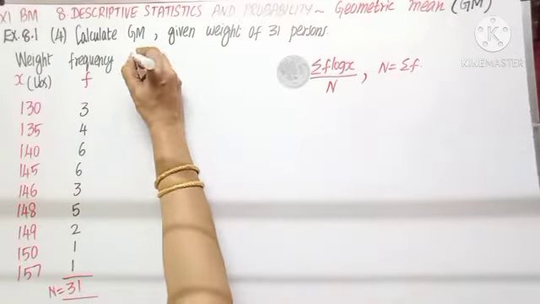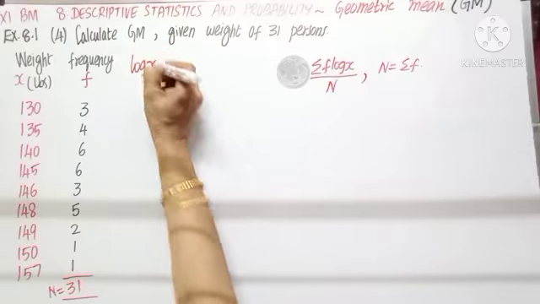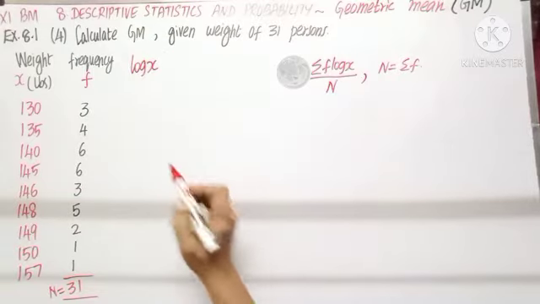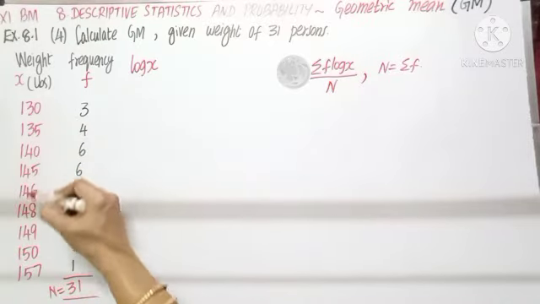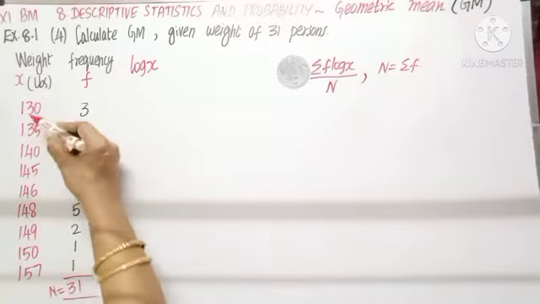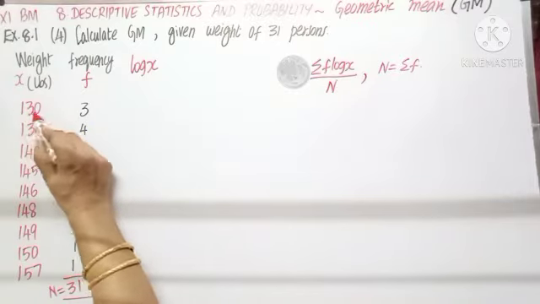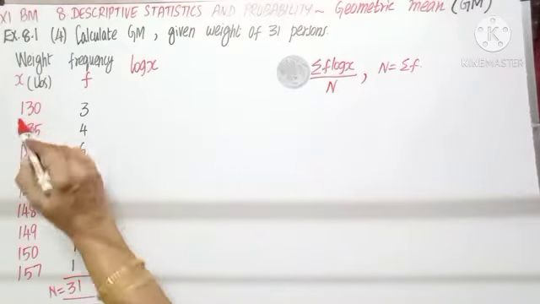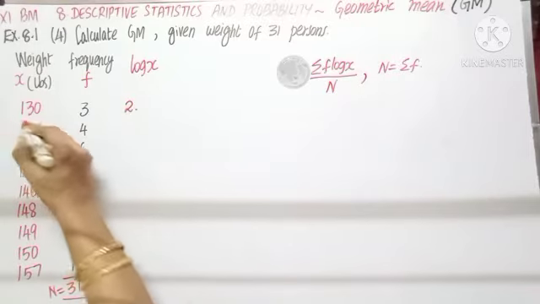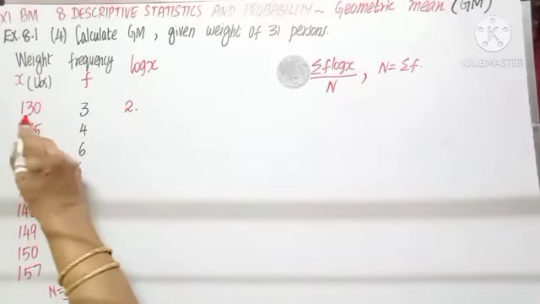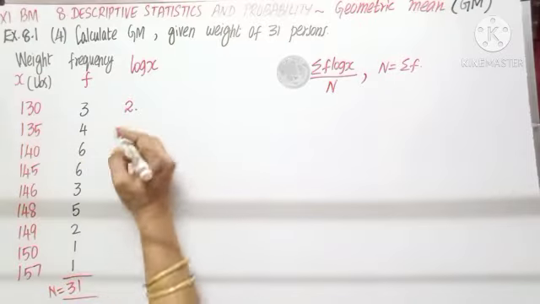So what would be the first step? Find out log X. Log of 130. In all these data given, there are 3 digits, 1, 2, 3. So whenever there are 3 digits, I will put the characteristic as 2. So 130, 3 digits, 2 point 135.